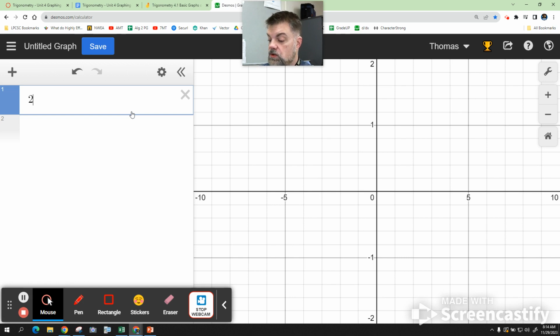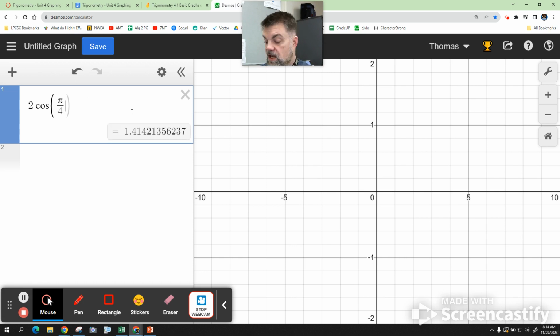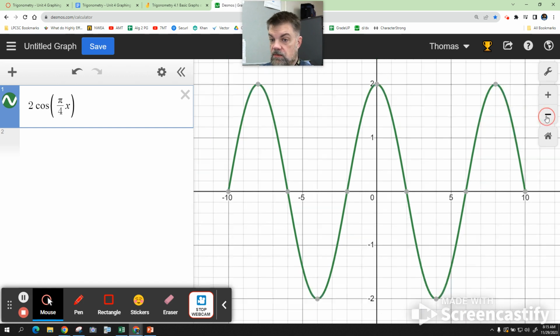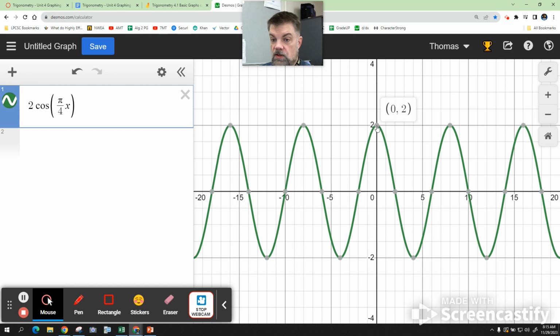So I say 2 cosine, in parentheses, pi divided by 4 times x, and I'm going to zoom out a little bit. So it starts at 2. Where's this next one? 8 comma 2. Where's this one at? 4 comma negative 2. See how I did that?